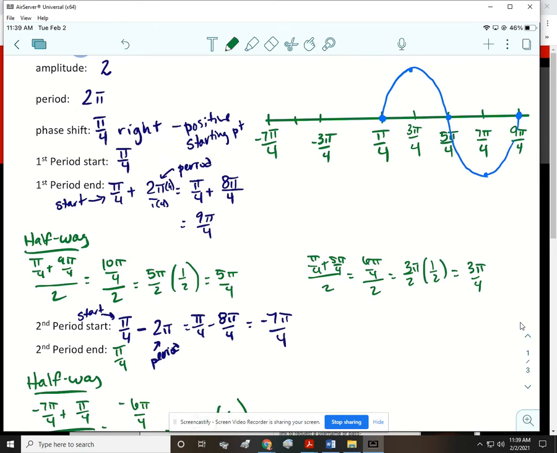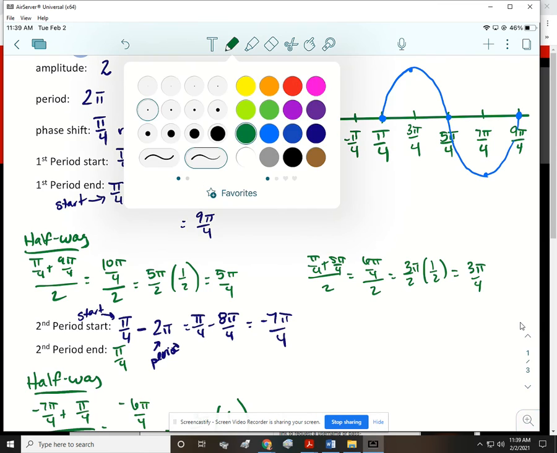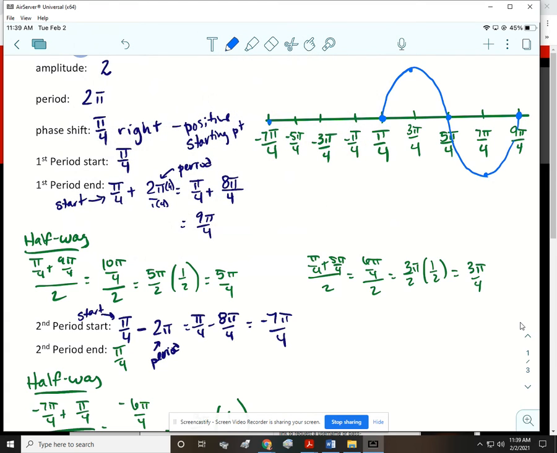And then you can continue that pattern. So in between there, negative 5 pi over 4. In between these two is negative 5 pi over 4. Alright, and then with our sine, start at 0, up to the max, 0, down to min, back to 0.